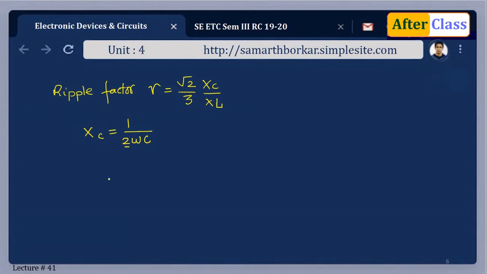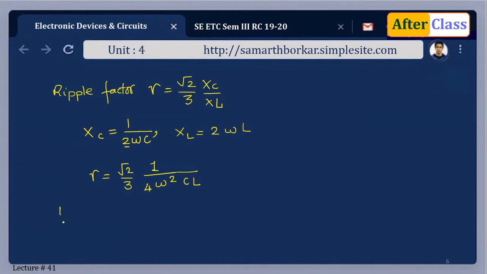So similarly the reactance offered by the inductor XL is 2 omega L. So what we need to do is we have to substitute this Xc and XL in this equation. So what we get is r equals to root 2 by 3 1 by 4 omega square CL.